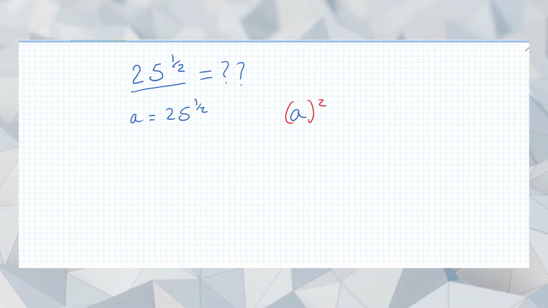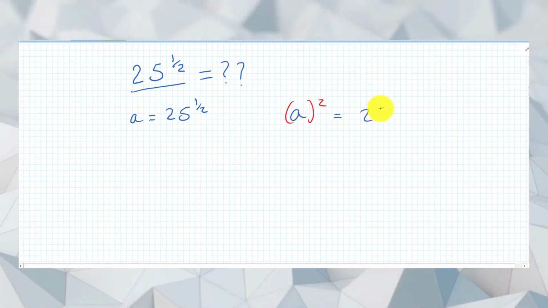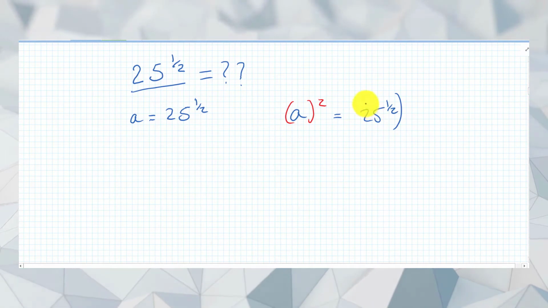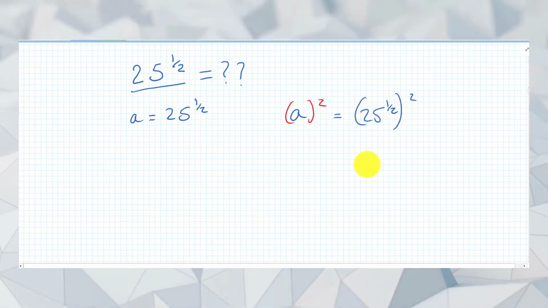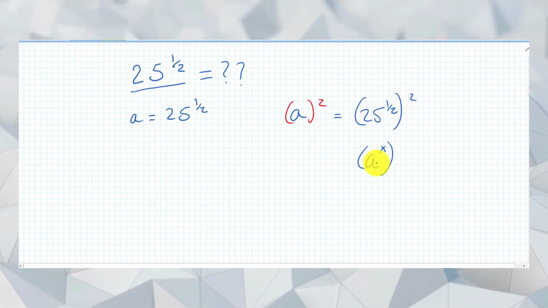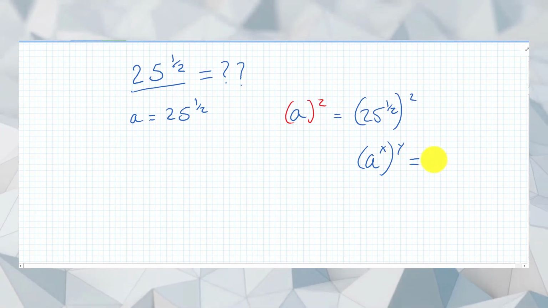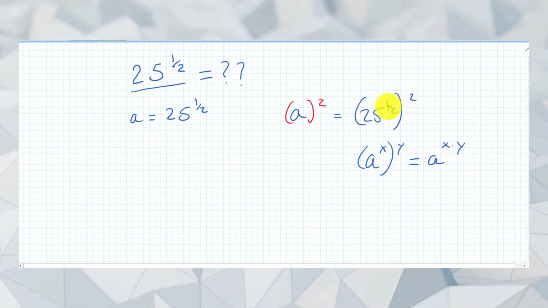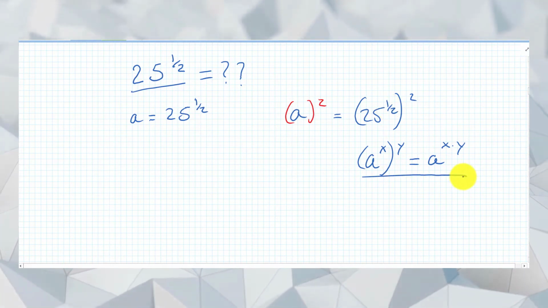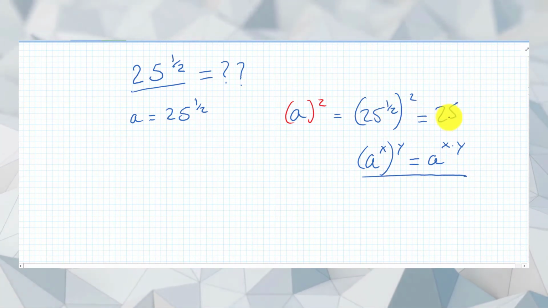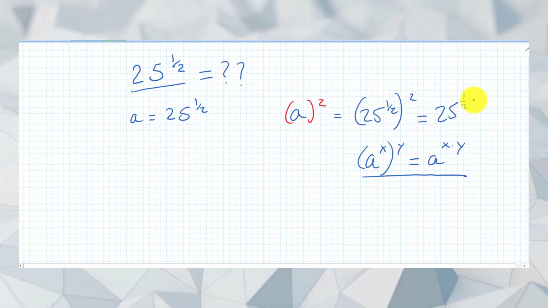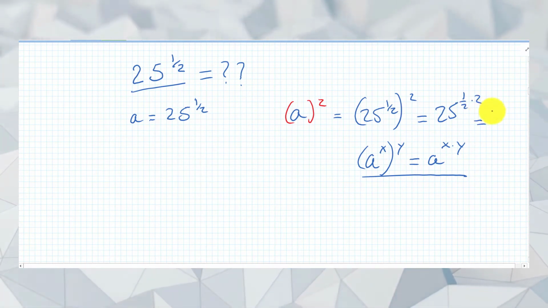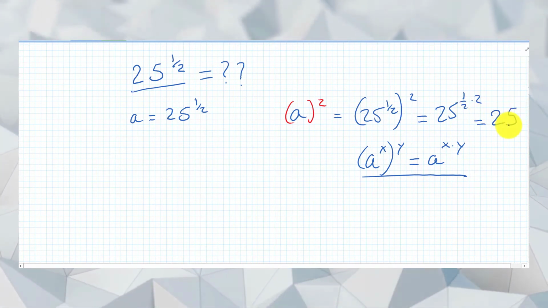If we square a, we have 25 to the 1/2 squared. And again, I want this property to be true even when I change my exponents to 1/2 or 1/3 or whatever. So 25 to the 1/2 times 2 is 25 to the first power, which is just 25.